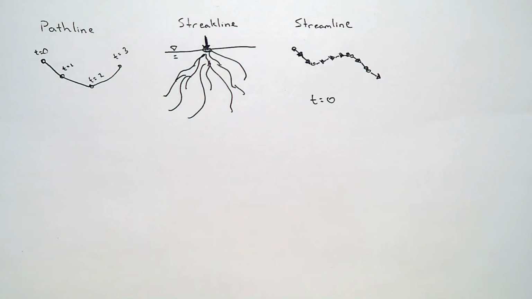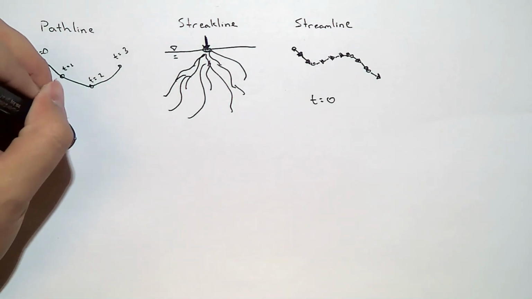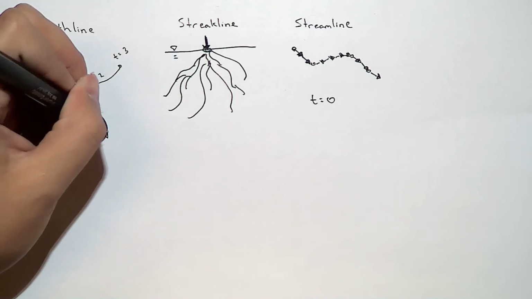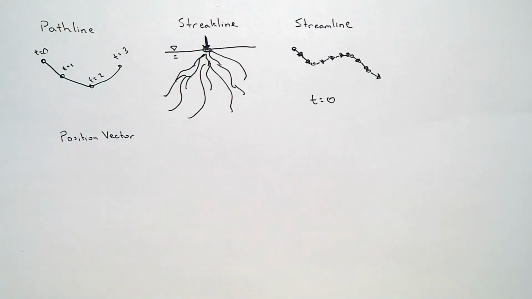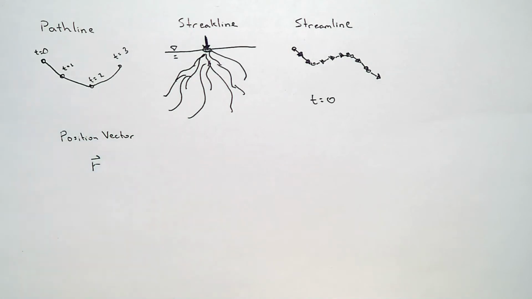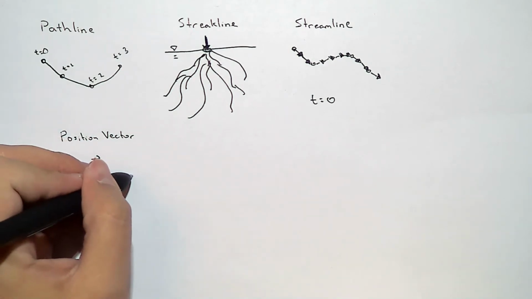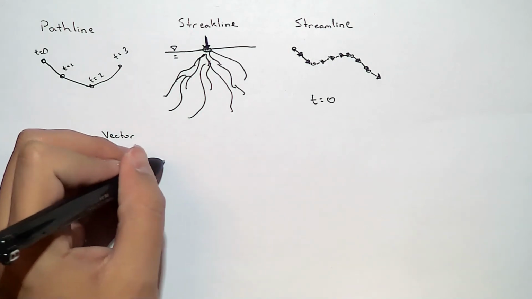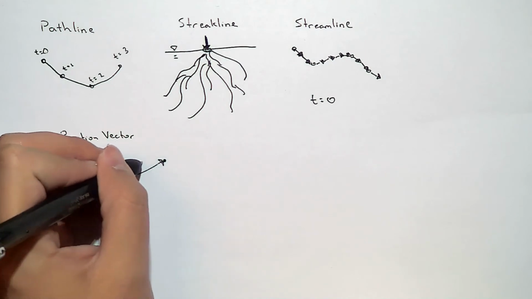So mathematically, we can find an equation for a streamline by studying vectors. Now if you remember, there was a vector that you learned in statics called the position vector. You remember what the position vector was? Yeah, it's the r vector, right? And the position vector r essentially denoted the displacement from one point in space to another point in space.